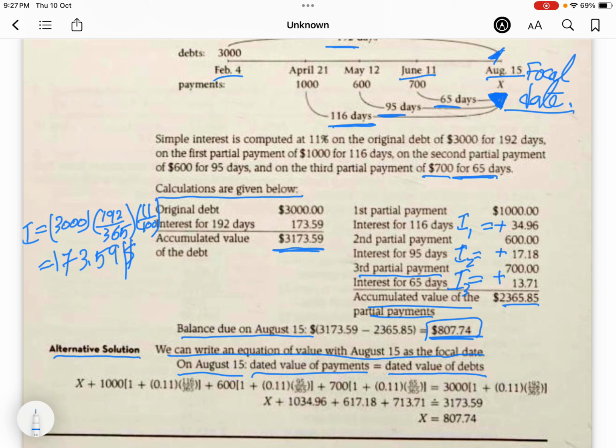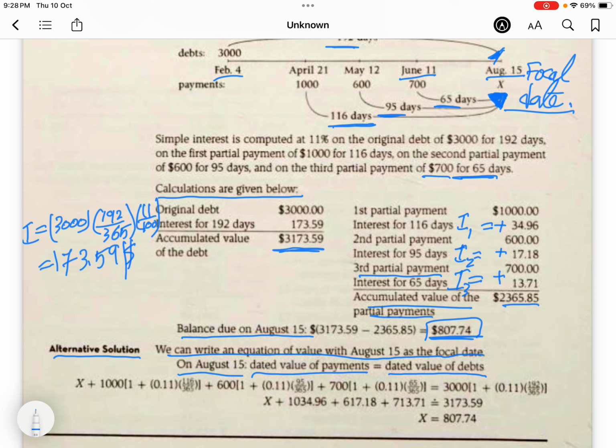Plus 600 multiplied by 1 plus 0.11 multiplied by 95 over 365, plus 700 multiplied by 1 plus 0.11 multiplied by 65 over 365, equals 3,000. This is the debit.